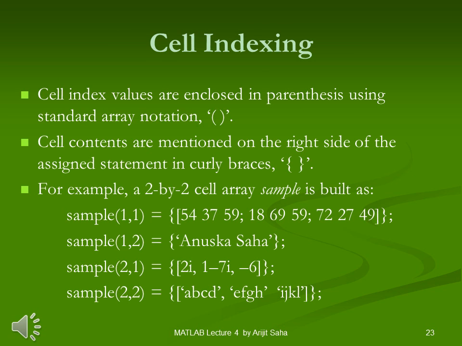What is cell indexing? Cell index values are enclosed in parentheses using standard array notation. Cell contents are mentioned on the right of the assignment statement in curly braces. This you have to maintain. For example, a 2 by 2 cell array sample is built as sample(1,1), that is the first element, equal to the numbers within square brackets within curly braces.